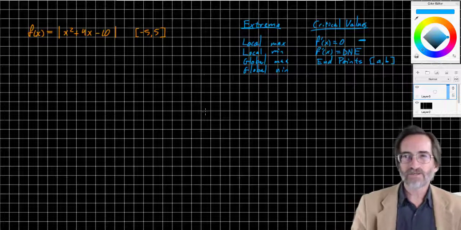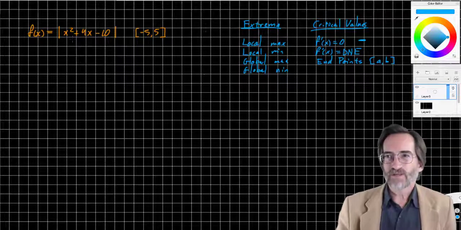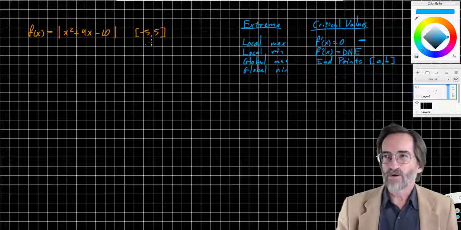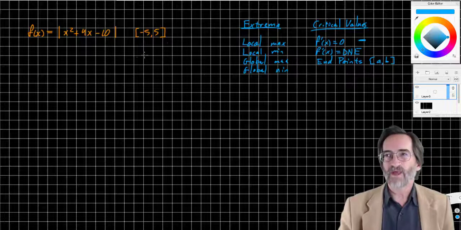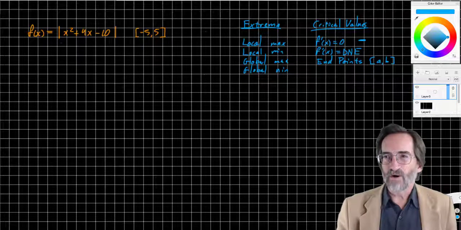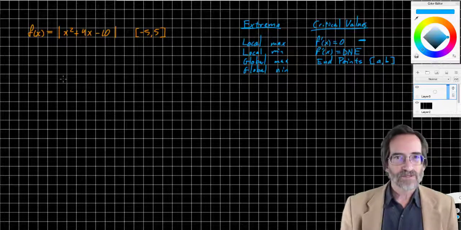Now I have on my screen the function, absolute value of a quadratic, x squared plus 4x minus 10. We're going to find the local and the global extrema on the closed interval -5 to 5. First of all, this is an absolute value, and absolute values produce cusps, that is corners.